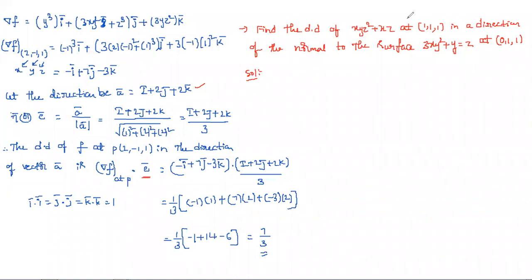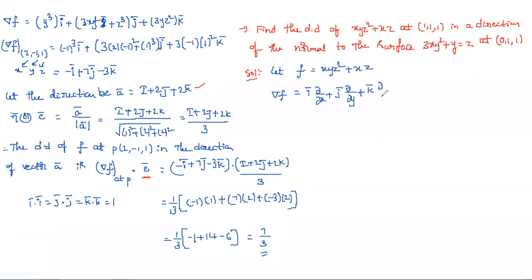Okay, first write that one. Let the given function, first you need to take that, let f be equal to, I'm giving the name for this one, xyz square plus xz, and immediately what you need to do is find del f. So del f is nothing but i dou by dou x plus j dou by dou y plus k dou by dou z into f.